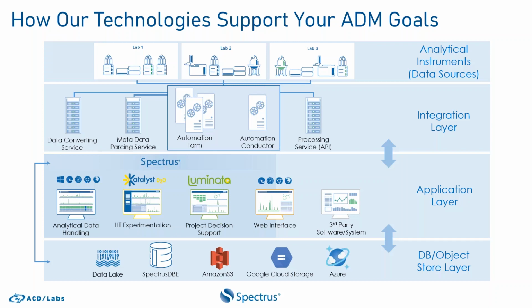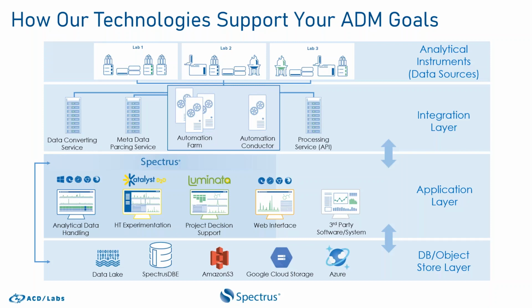We have an application layer that allows for the end user to really interact with that analytical data. So again, whether it's analytical data handling, or we have specific applications such as Catalyst that allows for high throughput experimentation, Luminata, which is our project decision support system.